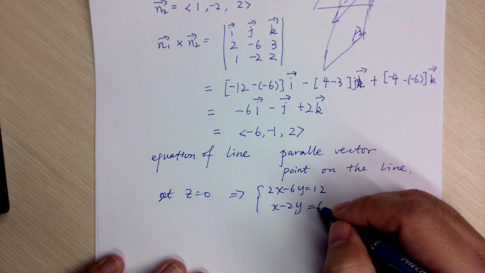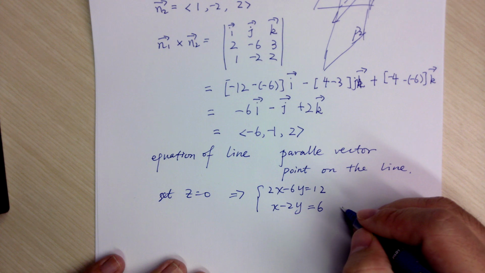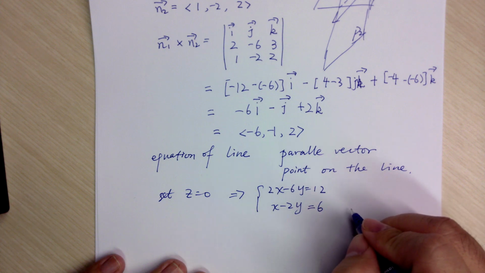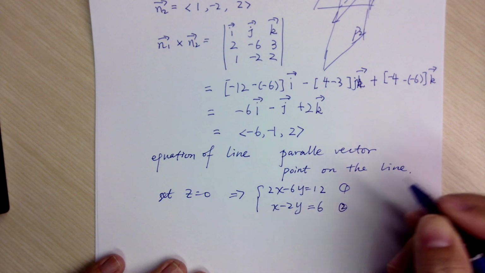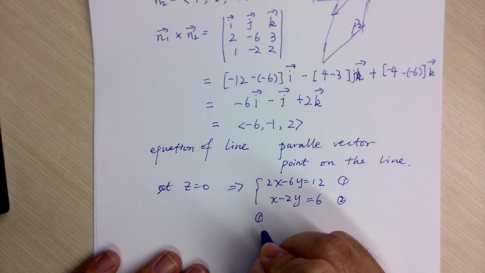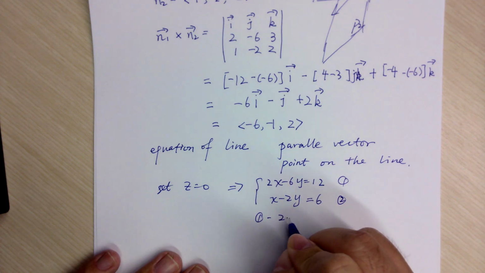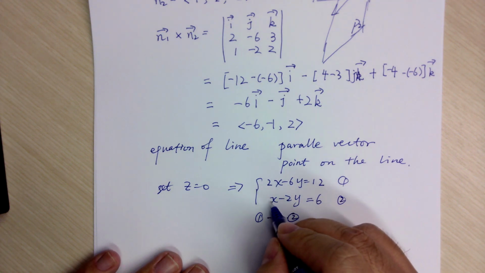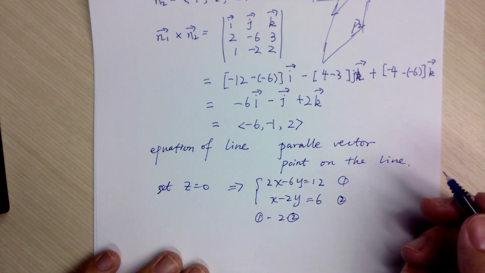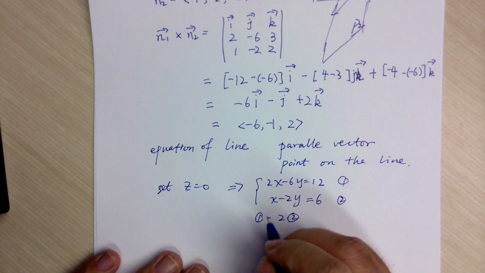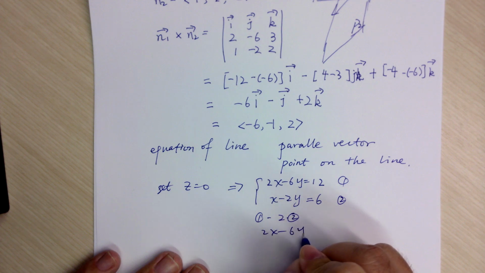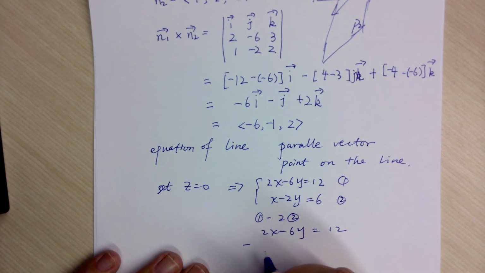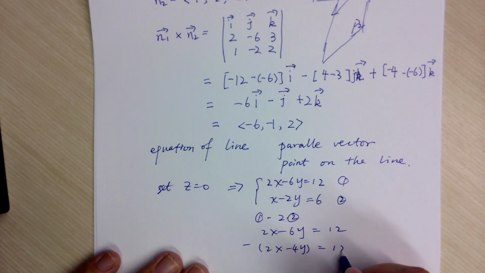So if we call this equation 1 and this equation 2, we let 1 minus 2 times 2, because if you multiply equation 2 by 2 it becomes 2x. That will give us 2x minus 6y equals 12, minus 2x minus 4y equals 12.